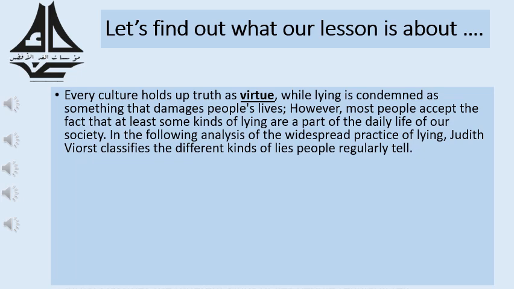In this introduction, according to the writer, everywhere people believe and consider truth as something good and lying as something that hurts or harms people's lives, but still people accept the fact that some kinds of lying are found in our society, and this is why the writer decided to talk about different types of lies people usually tell, and she classifies them as social lies, peace-keeping lies, protective lies, and trust-keeping lies.